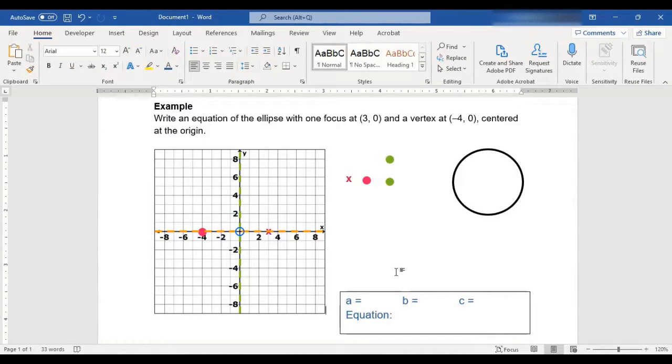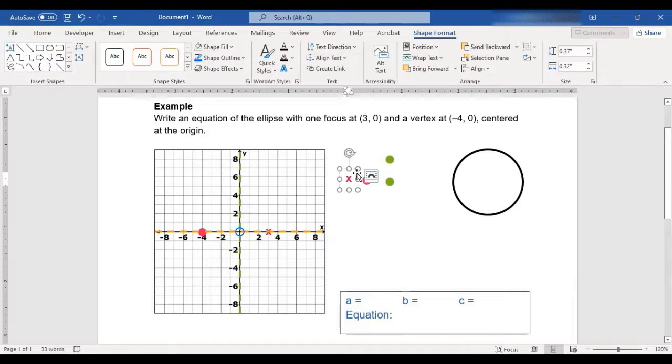Now, actually, we do know how to plot the other vertex and the other focus. We know how to do this because the foci are always located between the center and the vertex. So here's my center, and here's one of my vertices, which means a focus should be in between there. And the foci have to be equidistant from the center because the center is in the middle. So since this focus is 3 units to the right, the other focus is therefore going to be 3 units to the left.